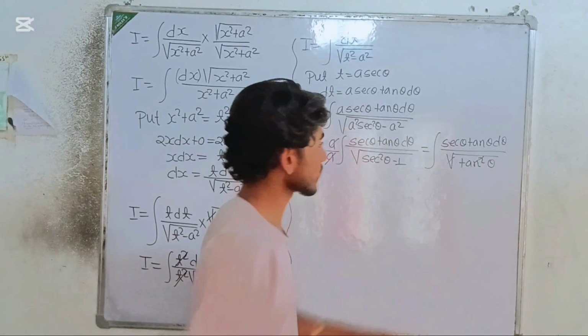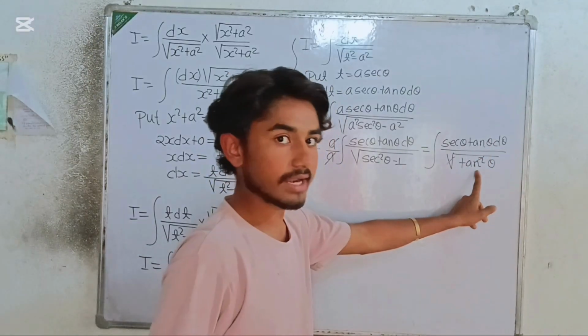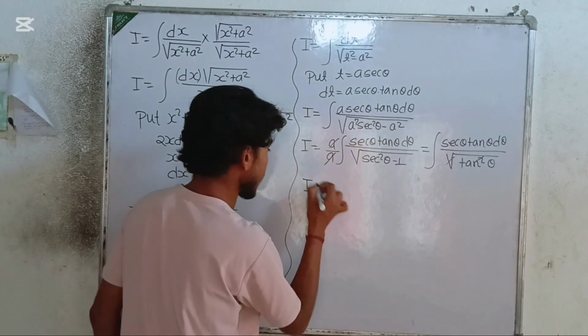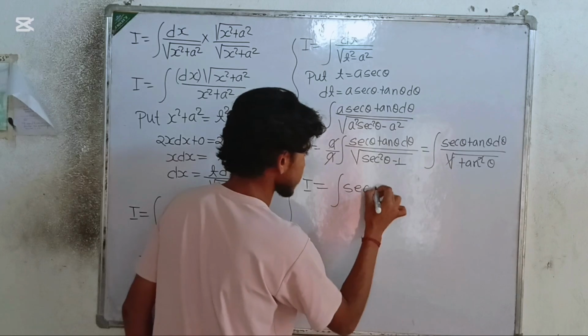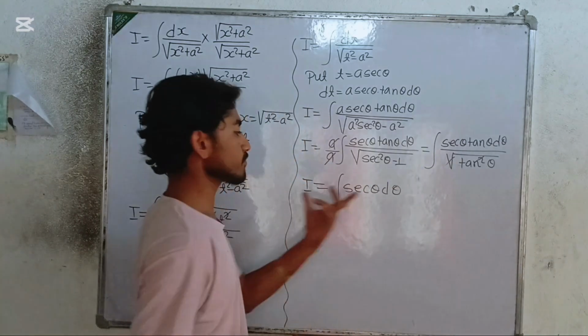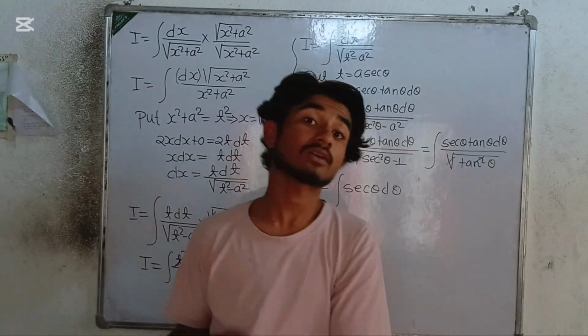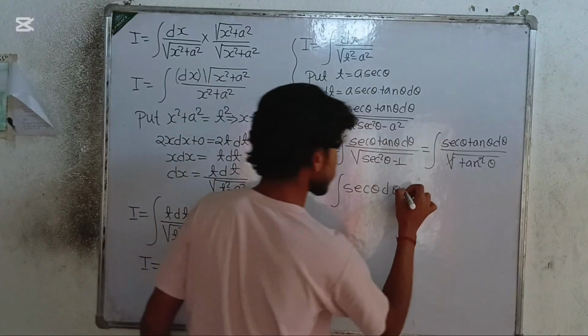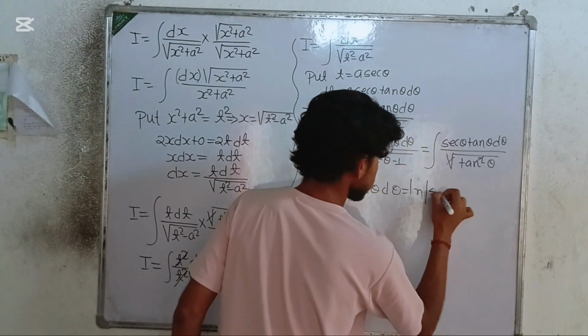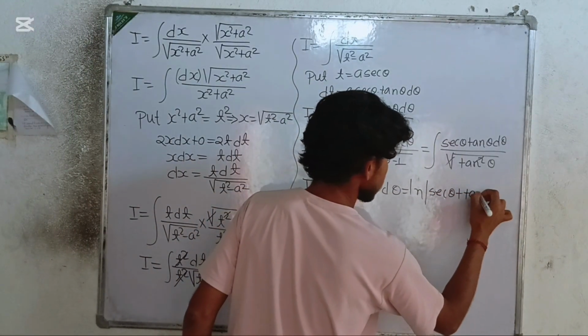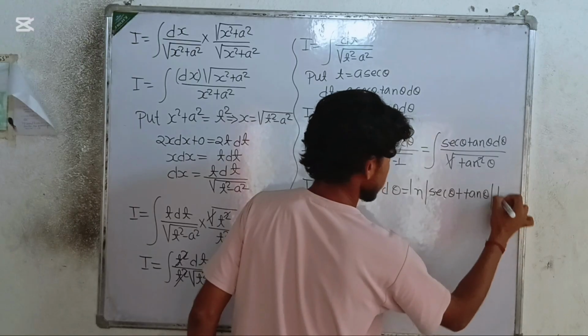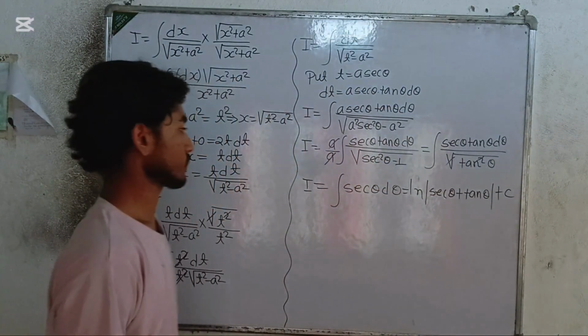So the square root term will cancel out, and the tan will cancel the other tan. So we get simply I is the integral of sec theta d theta, and this is the same problem that we solved in our earlier videos. So this is going to be ln of sec theta plus tan theta with some constant c, right?